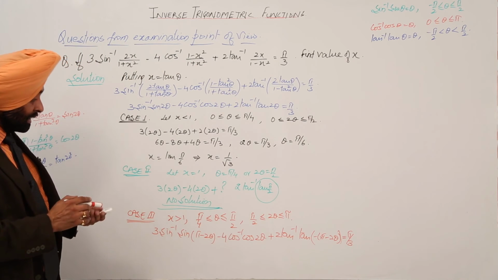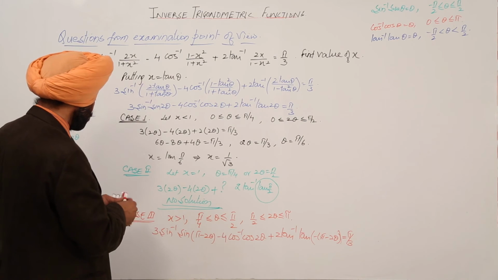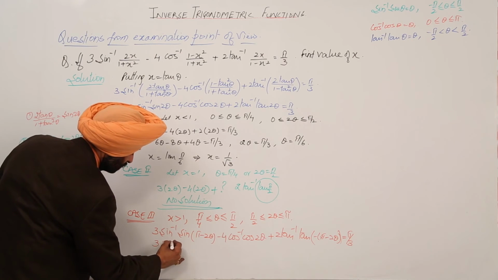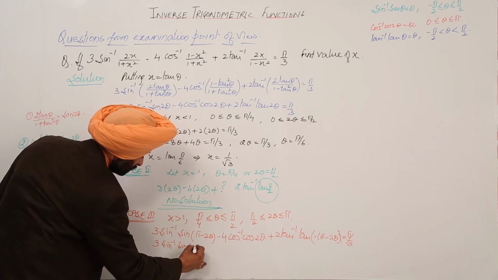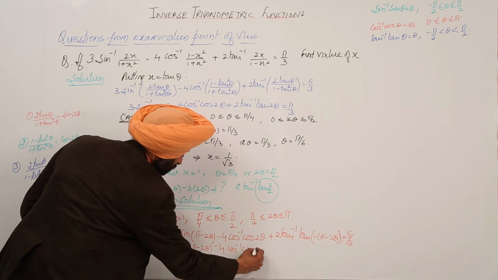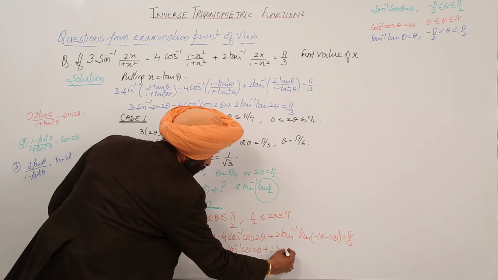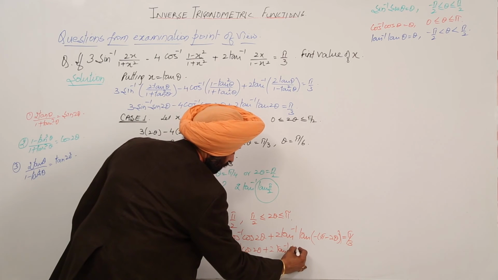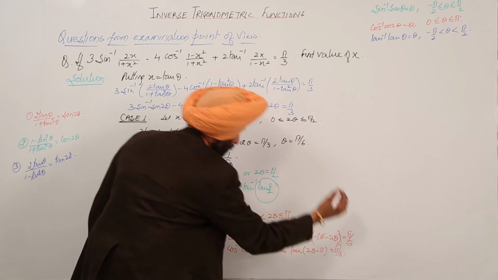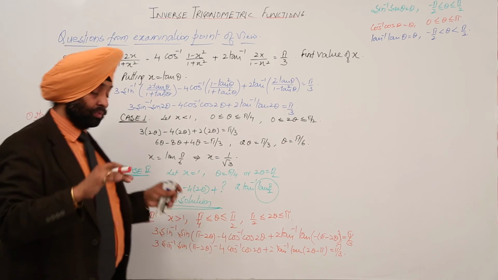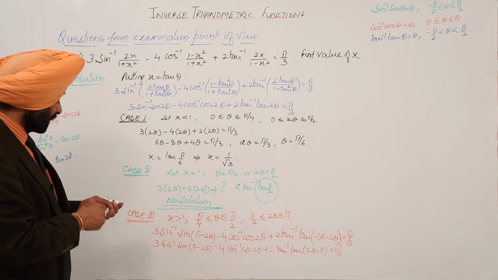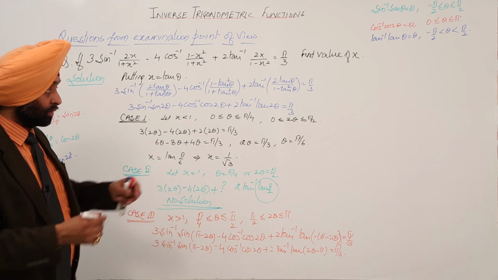So finally we are having 3 sin inverse sin of pi minus 2 theta minus 4 cos inverse cos 2 theta plus 2 tan inverse tan of 2 theta minus pi is equal to pi by 3. So this is the basic thing. For each and every step we should be very much aware to solve the questions.